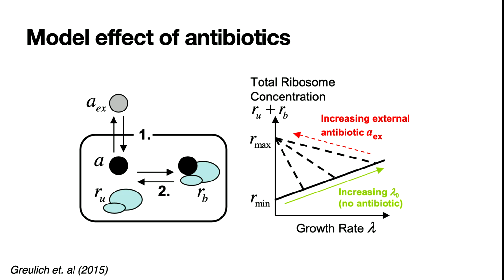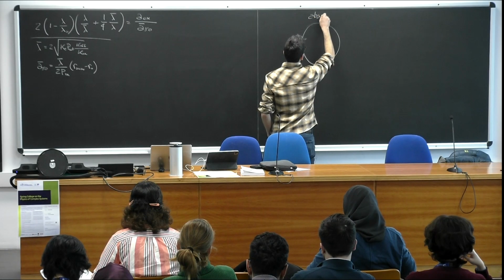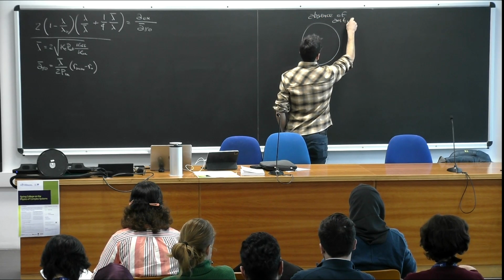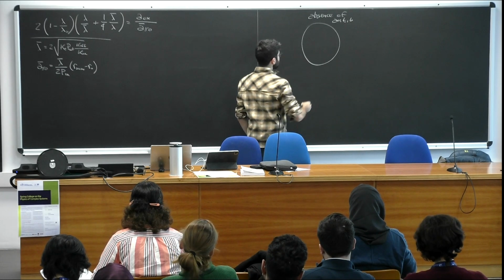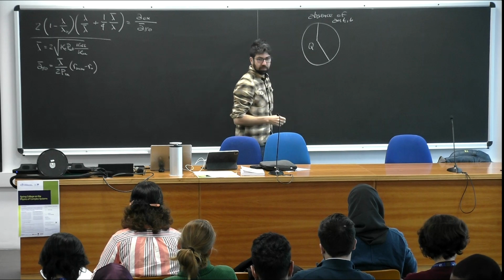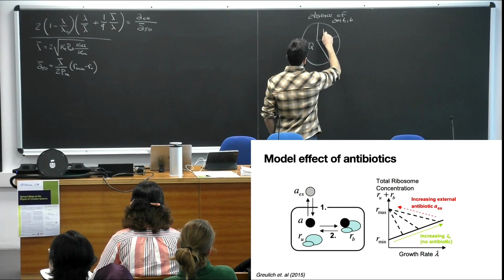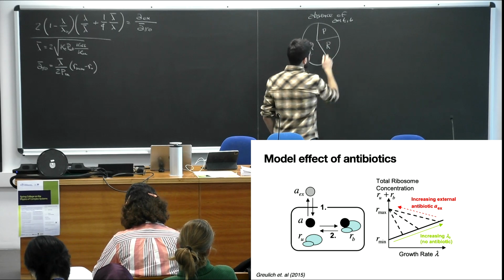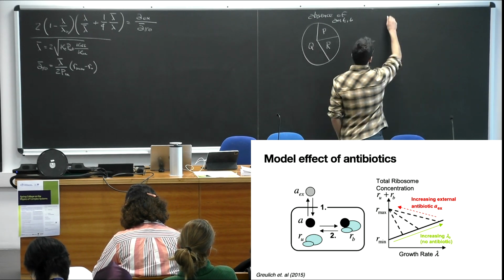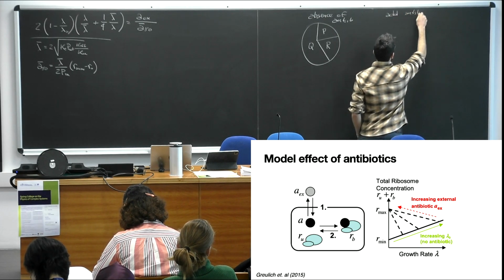So the point is, what happens in absence of antibiotics is that you have your Q sector, and then you have something which is P and something which is R. Now, what if you add antibiotics?